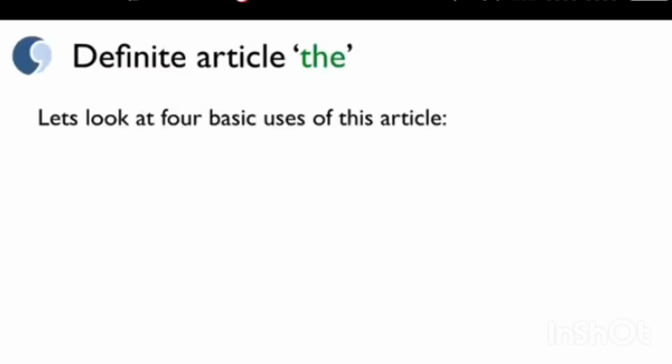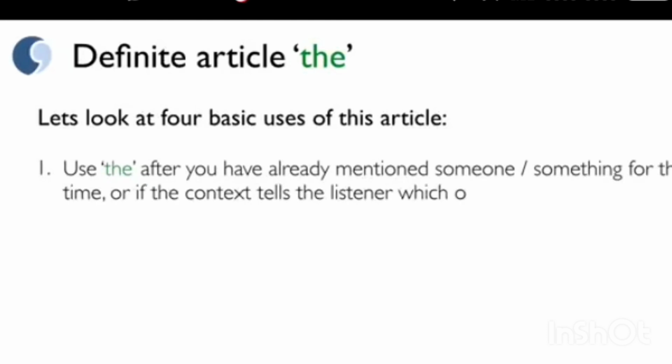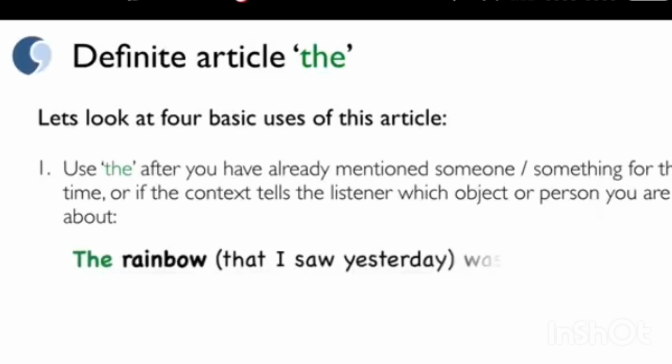Definite article, the. Let's look at four basic uses. Use the after you have already mentioned someone or something for the first time. Or, if the context tells the listener which object or person you're talking about. For example, the rainbow was beautiful.